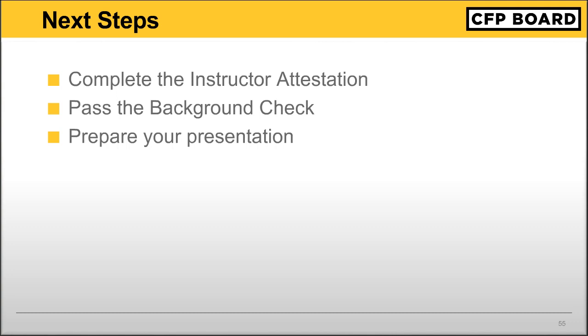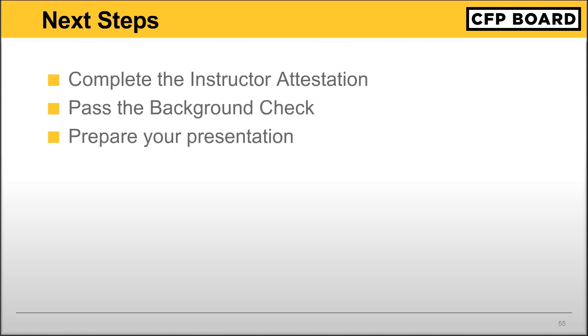Essentially, there are some next steps to complete your instructor training. First, complete the instructor attestation if you've not already done so. When we receive your attestation, we will do a background check. Once you have the all clear to move forward with presentation, you'll prepare your presentation and get it ready.